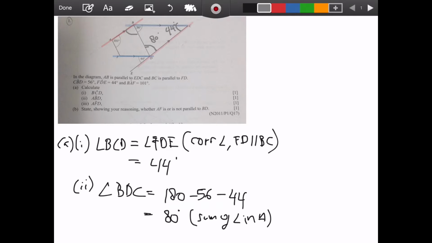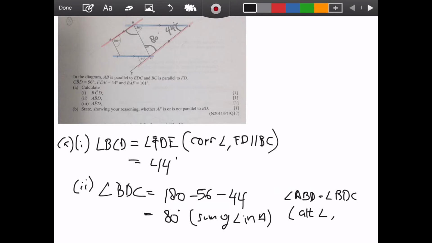Now we know that the angle ABD is equivalent to the angle BDC. Why? It is because this is an alternate angle.